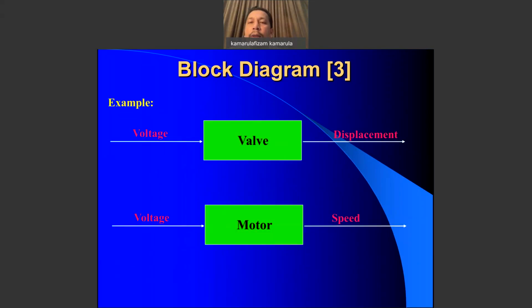So the input may be in volts, and the output may be in millimeters, for example. All right, and the next example is a motor. The motor also receives an input signal in the form of voltage, and gives an output signal in the form of speed, or RPM.